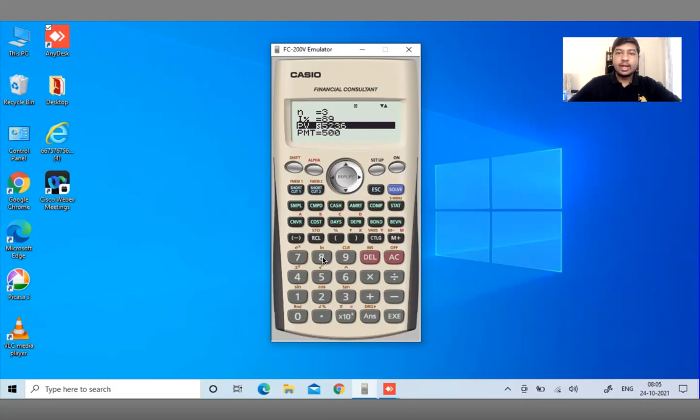Let's say I want to type any random number, 8,523. I can simply type that, and it will get overwritten. So either you press the delete button or you simply type whatever numbers that you want, it will get overwritten. So it's up to you how you want to use this. Assuming that you know how to input the numbers, what is the reason why we press EXE, and how do we scroll down.